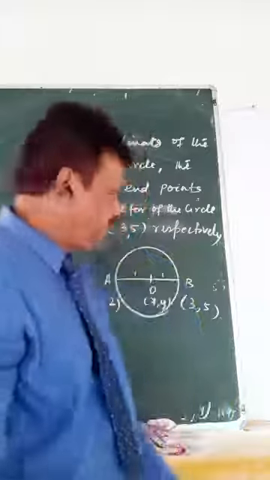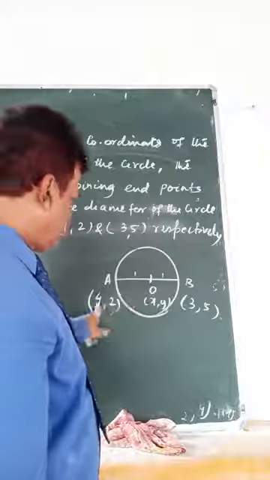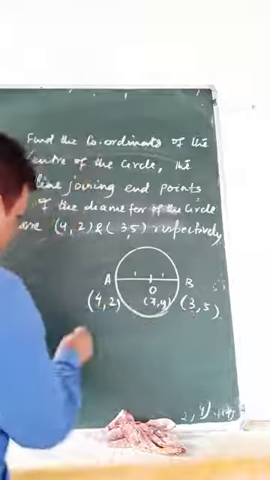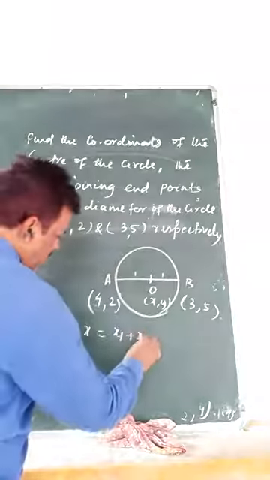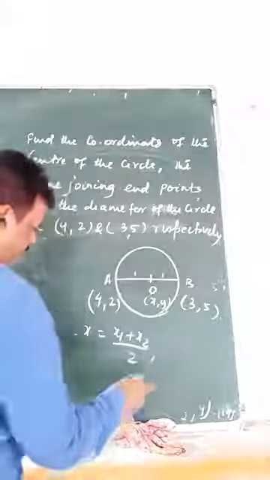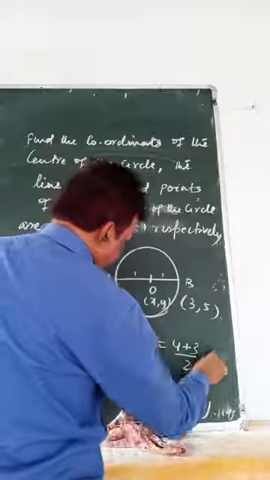That means what you have to do? Directly write x is equal to x1 plus x2 by 2. That is 4 plus 3 by 2, 7 by 2.